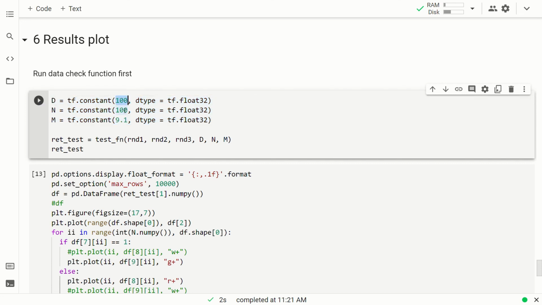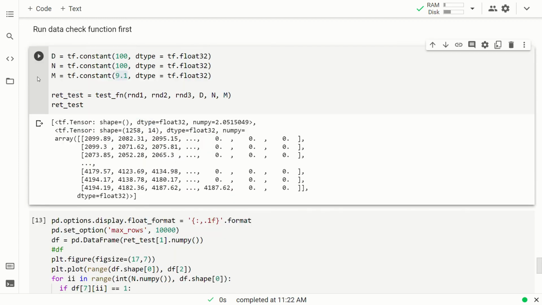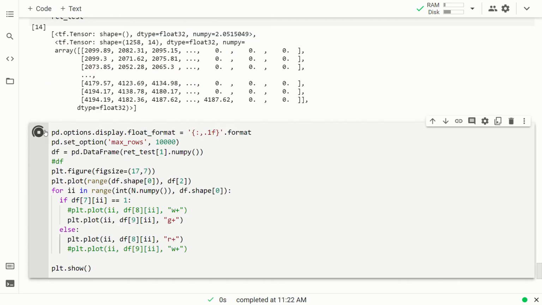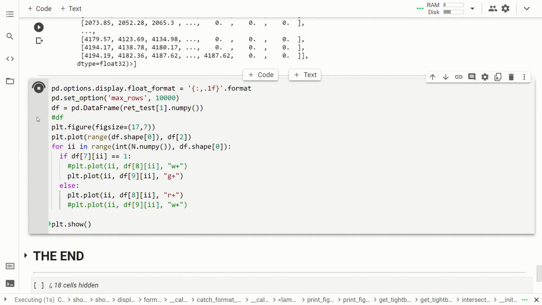So 100 and 100 are arbitrary values. 9.1 instead is the value for which I have reached the maximum in my return function. And then I simply run this cell. So I have the results, and then I plot them.